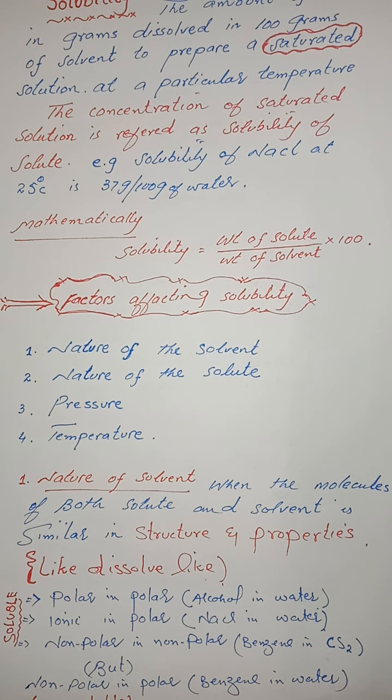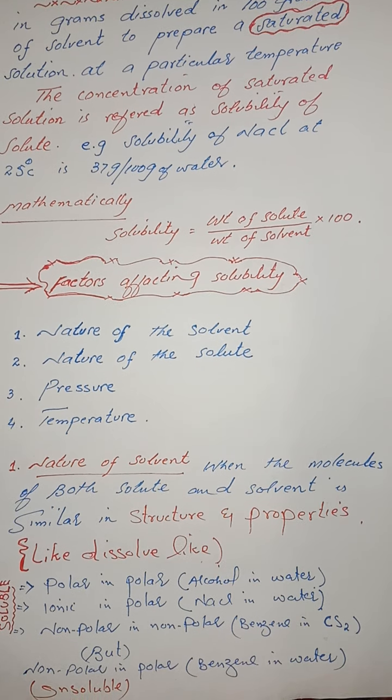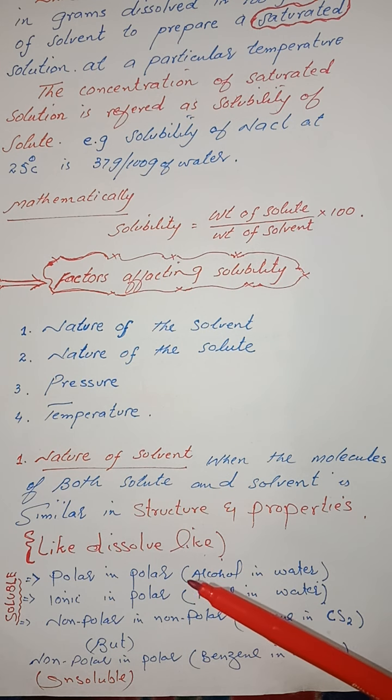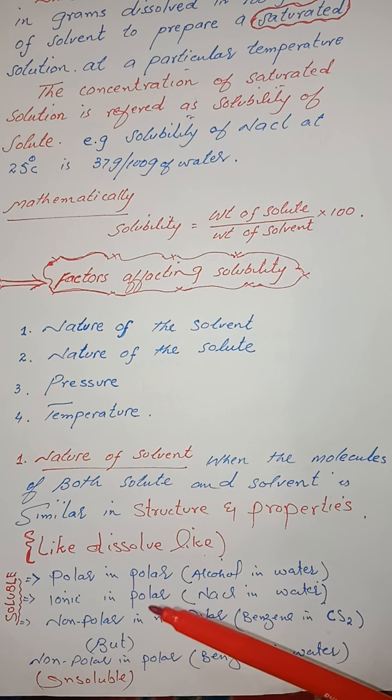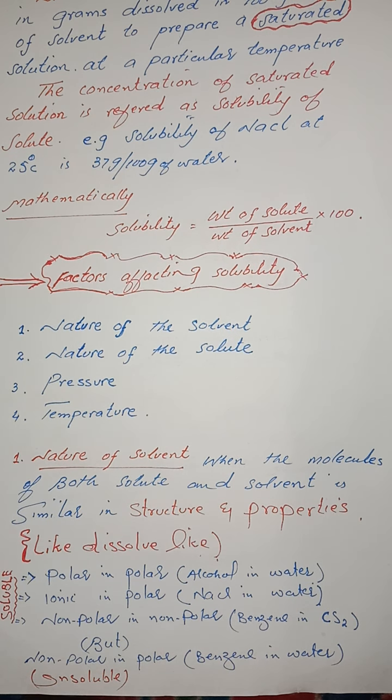As we mentioned earlier, when molecules of both solute and solvent are similar in structure and properties, then they are likely to dissolve in one another. For example, a polar solute is likely to dissolve in a polar solvent.